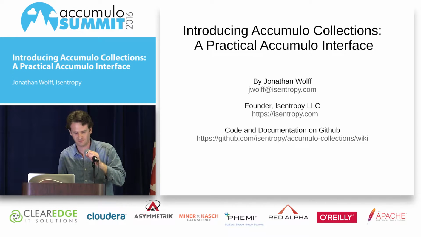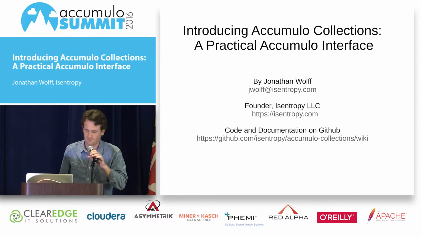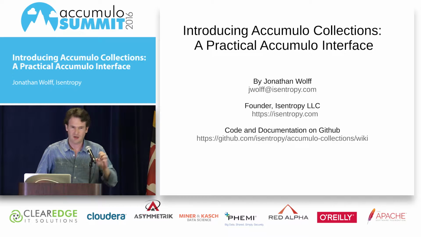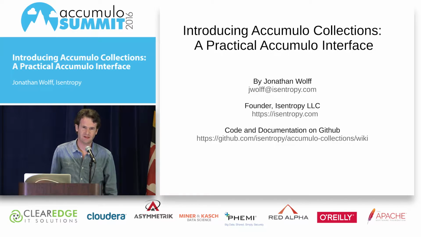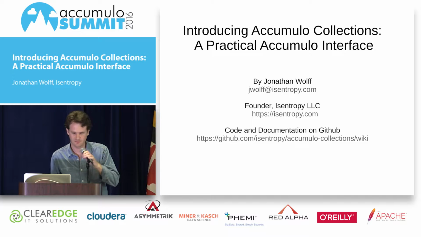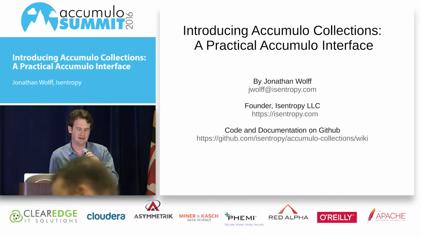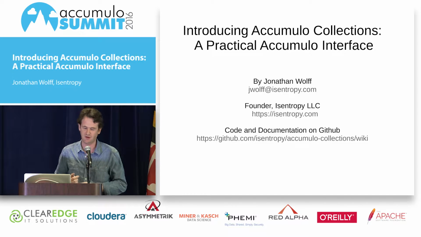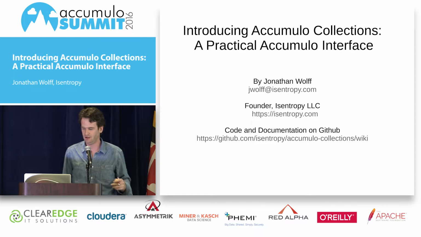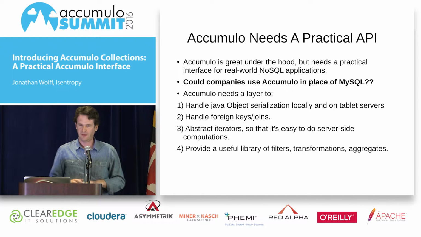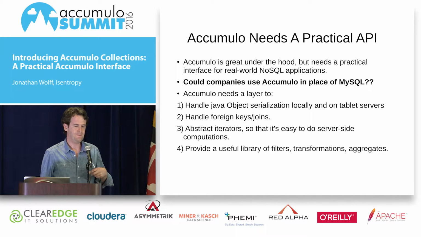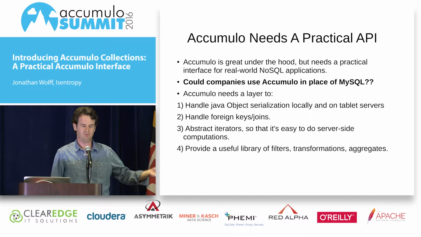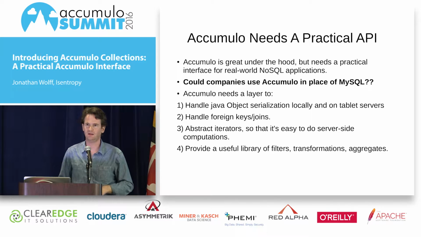Hi. So, Accumulo Collections is basically an attempt to make Accumulo user-friendly and speed up development of applications, and make Accumulo accessible to people who don't really understand the internals of it, especially iterators. So the things that I see about Accumulo, when you just take it out of the box, it's a byte map.